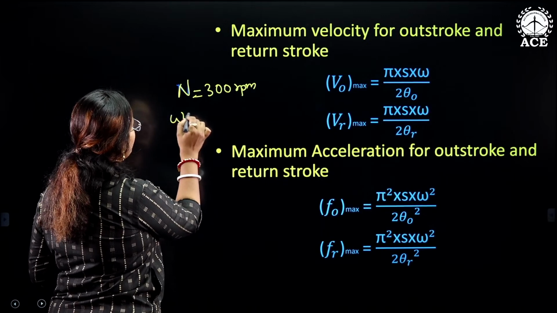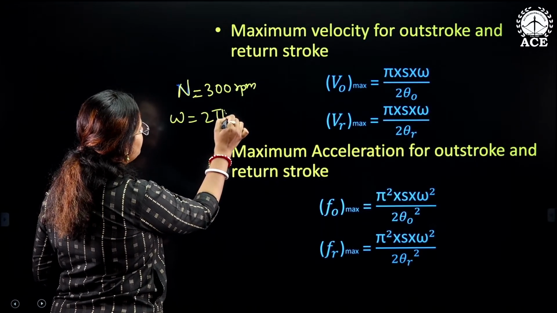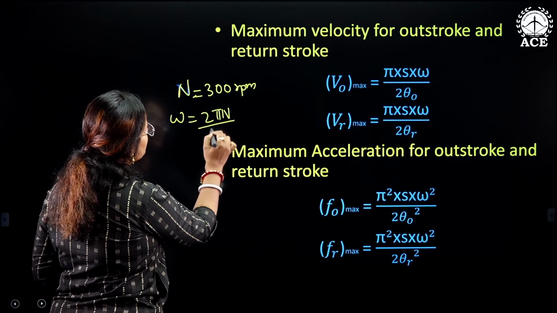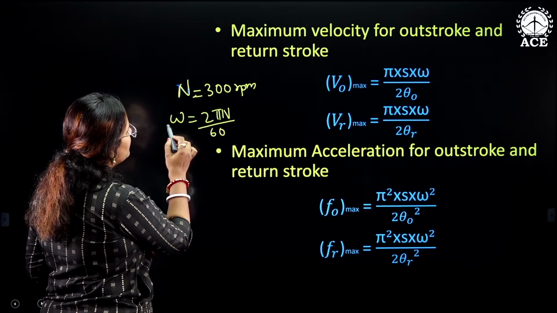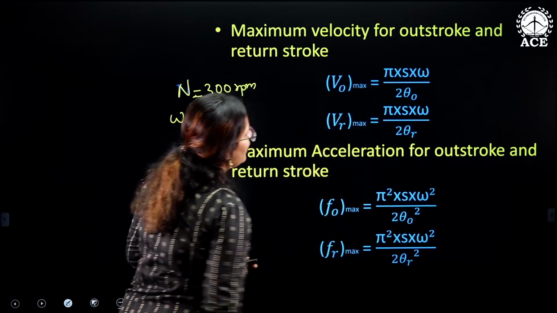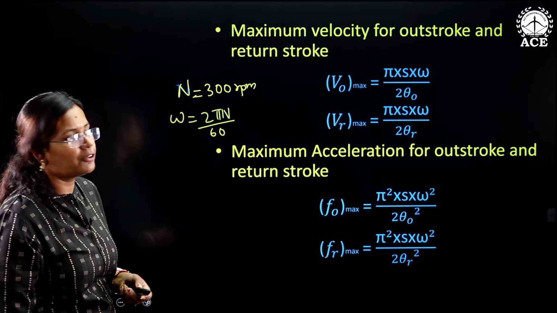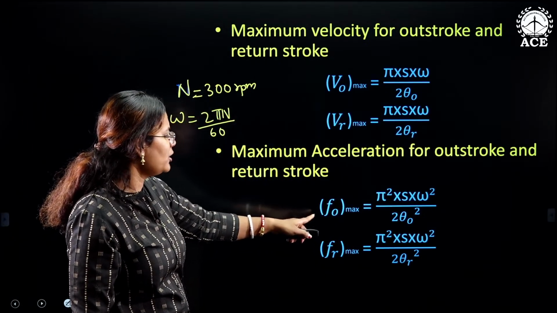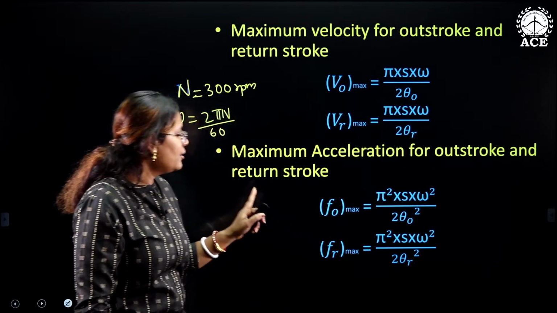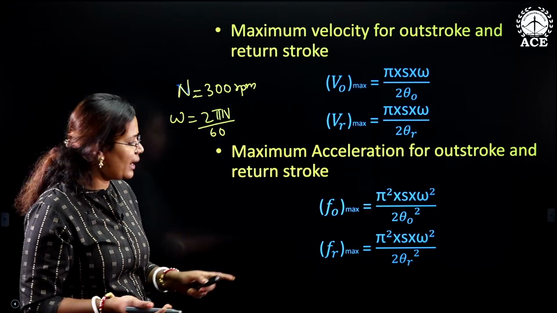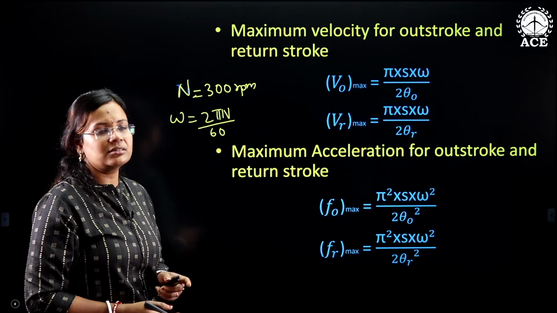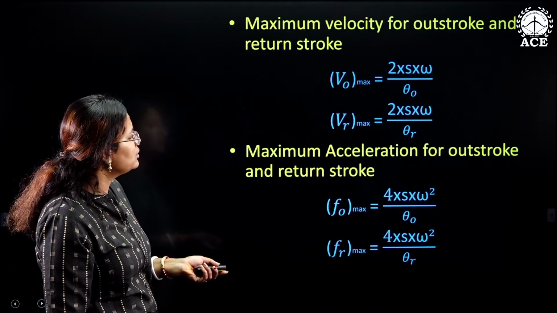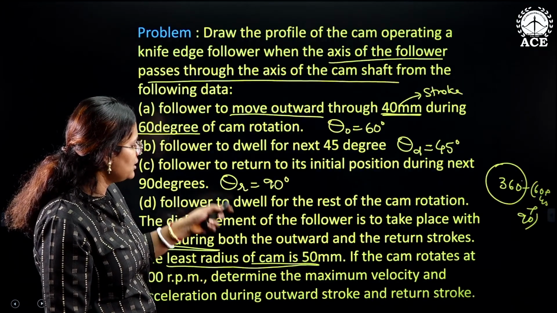You know that omega is equal to 2 pi N by 60. So you convert that into omega and then substitute the value. You will get the values for Vo and Vr. Similarly for Fo, which is the maximum acceleration during the outstroke, and Fr, the maximum acceleration during the return stroke. This is how you will solve problems like this.